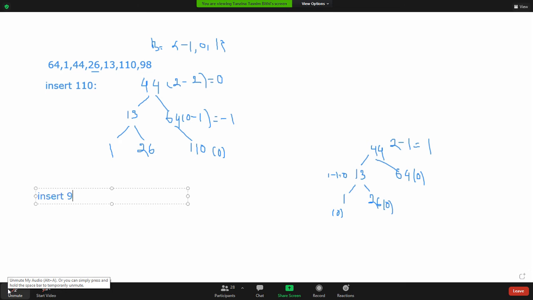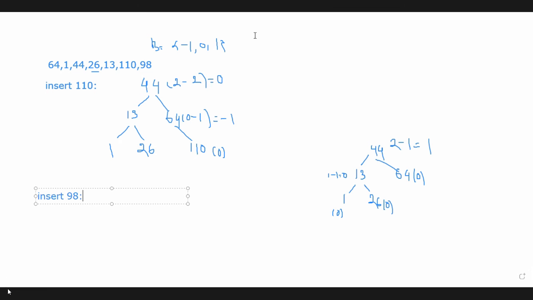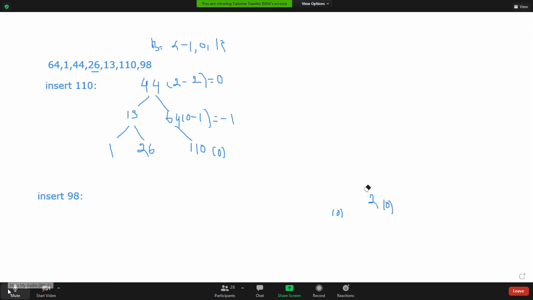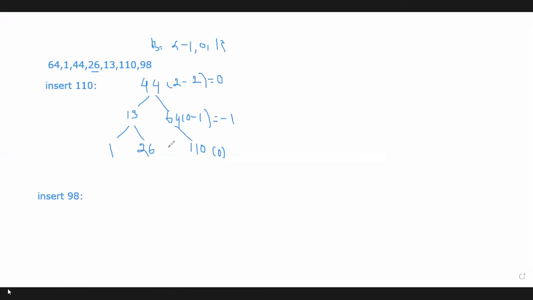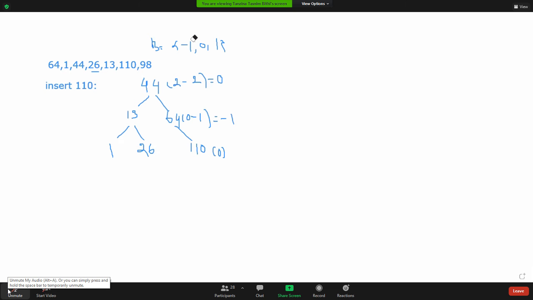Now insert the next node, that is 98. Okay, so where will we insert it? Find out the location of 98. In the left subtree of 110. Yes, in the left subtree of 110. So I'm writing it here.